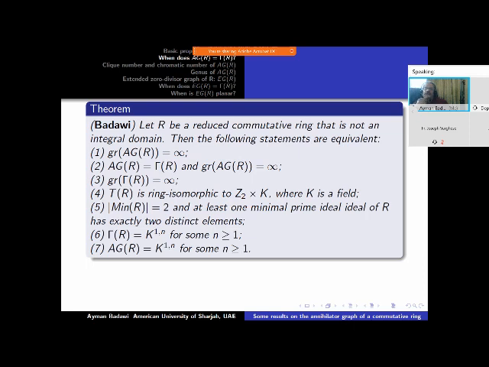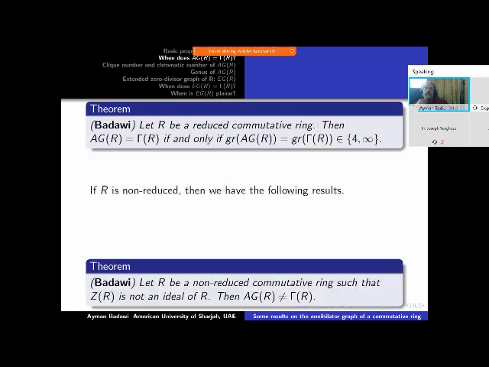And here is an interesting one, then you know what the total quotient ring structure will look like. The total quotient ring of R is isomorphic to... You can say more about the minimal prime ideals and so on. Okay.